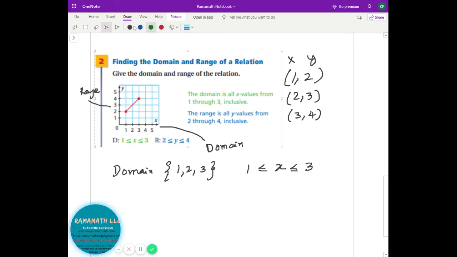These are all the x values, that's the domain: 1, 2, 3. And then the range is the y values. So the range is the values from 2 to 4, between 2 less than or equal to y less than or equal to 4. That is your range.